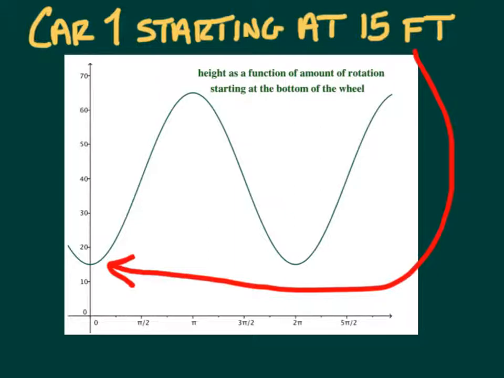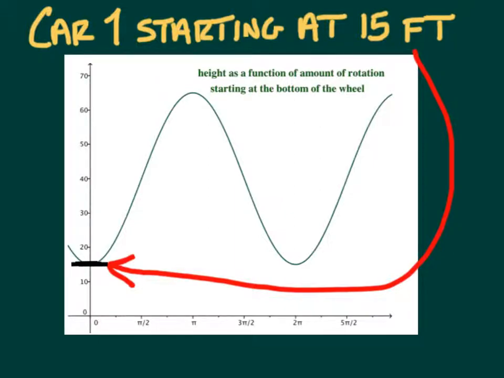And now take a look at this. We have determined that it's smart to get in at the bottom of the Ferris wheel and not throw each other up to the 3 o'clock position for car 1. So now on our Ferris wheel we're going to get in at the bottom, and that's going to be car 1 at the 6 o'clock position of the Ferris wheel. This is 15 feet.